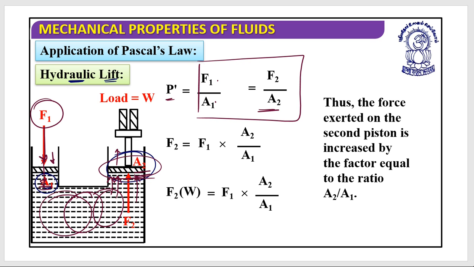If I compare this, I get F2 equals F1 multiplied by A2 by A1, where F2 is the weight we have applied over here. Thus the force exerted on the second piston is increased by a factor equal to the ratio A2 by A1. I hope this is clear.